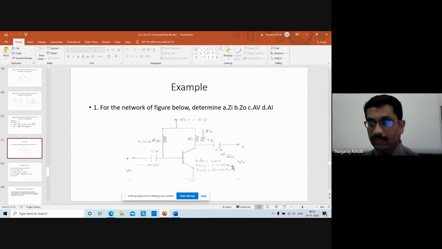When we take the parallel combination of a very large resistance with a very small resistance, the equivalent resistance will be equal to the very small resistance. Therefore, here RB parallel HIE is approximately equal to HIE, that is 1.171 kilo ohm. All of you are done with Zi. The Zi calculation is done, everyone. 1.171 kilo ohms.